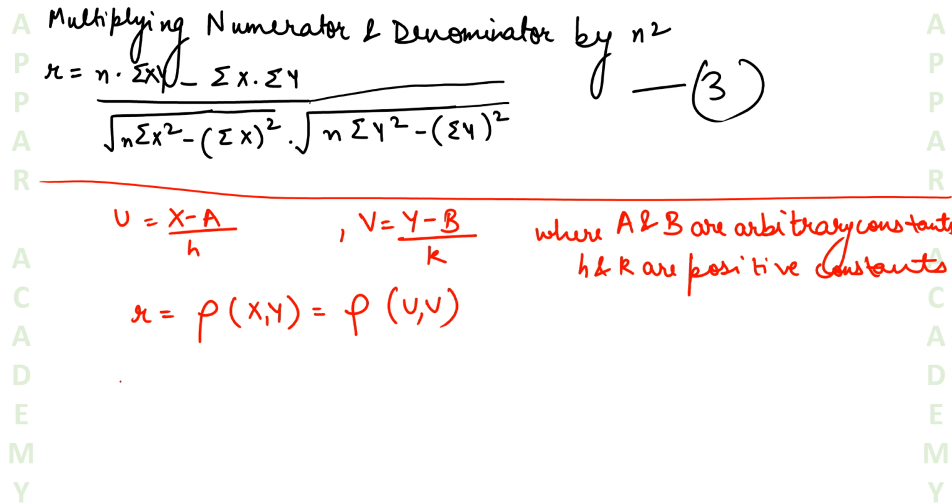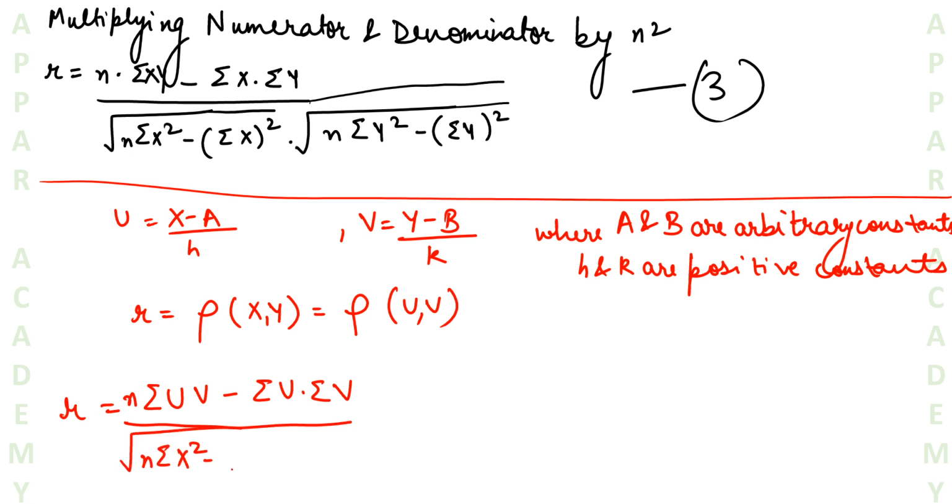So we can also write it like this, that r is equal to n into summation uv minus summation u into summation v. So basically in this formula we are simply substituting u instead of x and v in place of y, right? So this becomes square root of n summation x square minus summation x whole square, this into n, instead of x we need to write u and v.